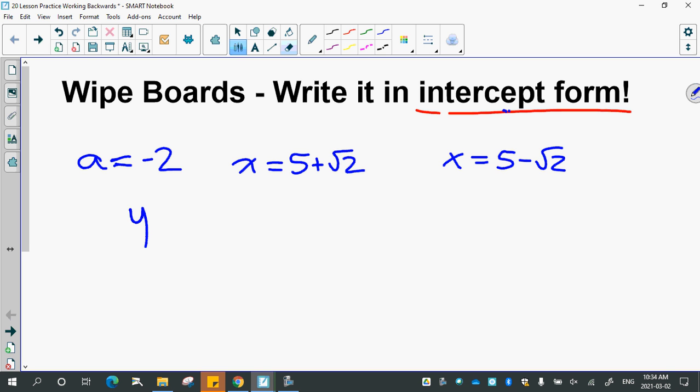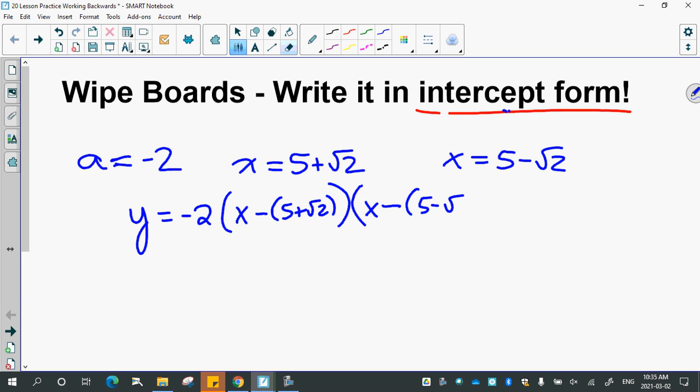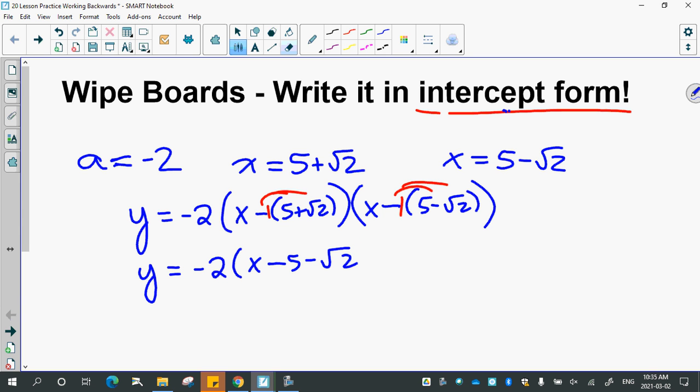So we've got the first step is the -2, x minus inner bracket 5 plus √2, x minus inner bracket 5 minus √2. And then you want to distribute the -1. So y equals -2, x minus 5 minus √2, x minus 5 plus √2. And this plus is because negative times negative is positive.